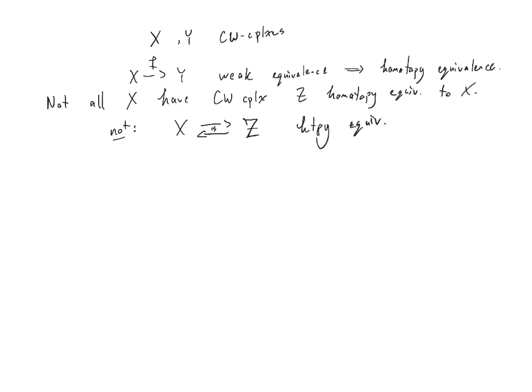But it turns out that all spaces X do have CW approximations, which are not homotopy equivalent, but weakly equivalent to X. So what we're going to do is we'll weaken this assumption, or criterion, let's say.